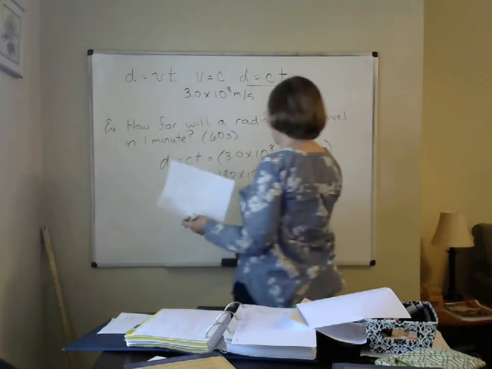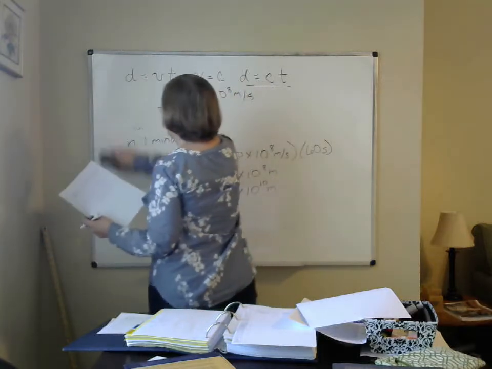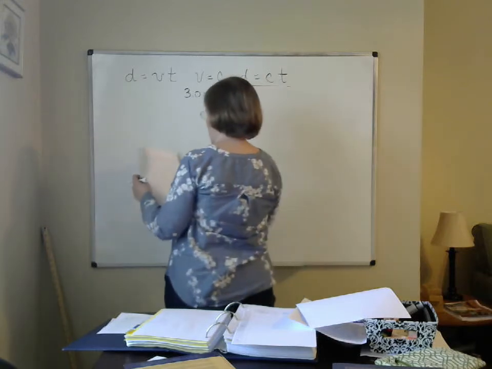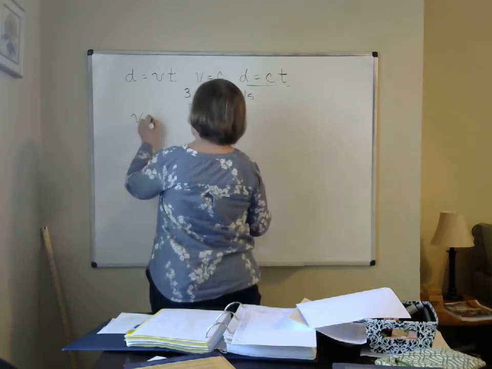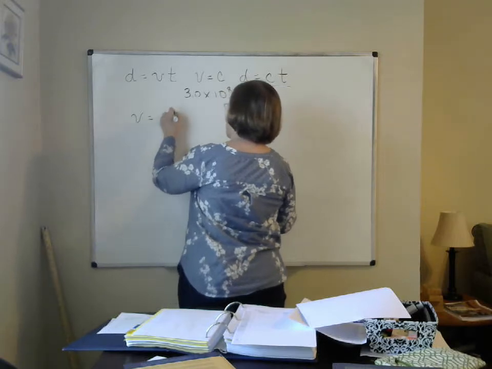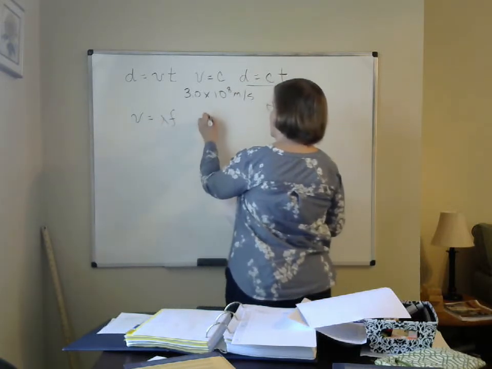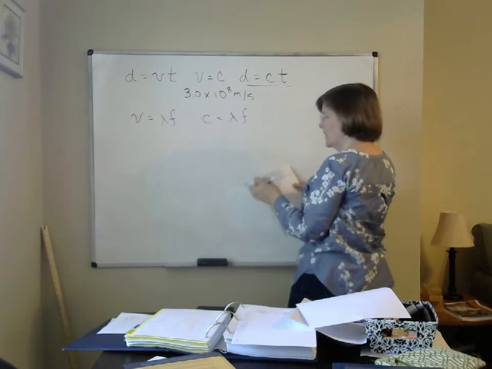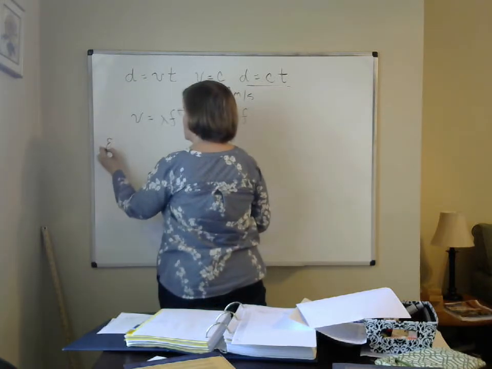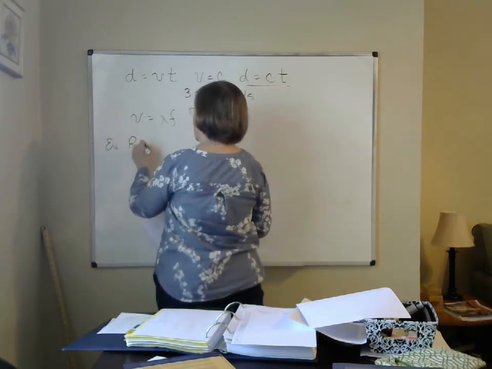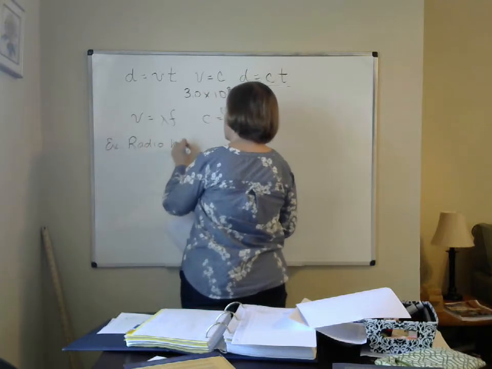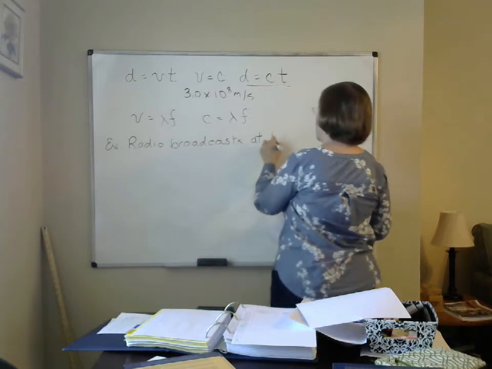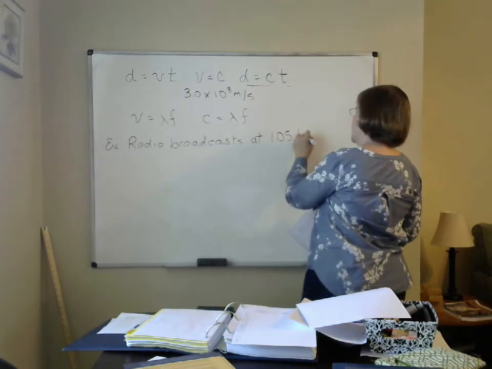Okay. The other formula that we've used in the past that we like to use with waves is the fact that v equals lambda times f, or that becomes c equals lambda times f. So suppose we have a radio station, and a radio station broadcasts at 105.1 megahertz.